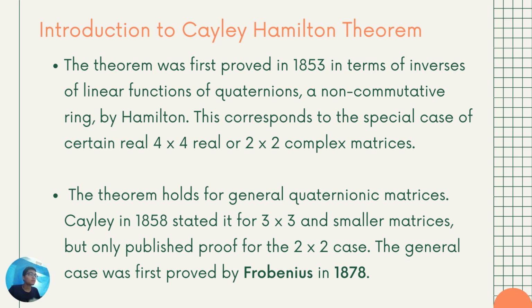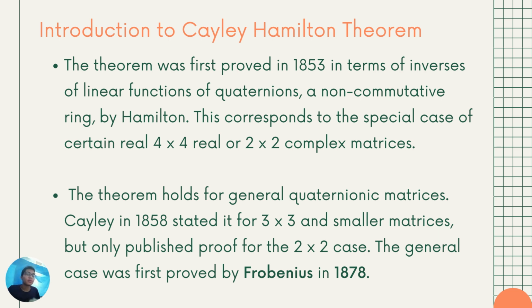The theorem holds for general quaternionic matrices. Cayley in 1858 stated it for 3 by 3 and smaller matrices, but only published the proof for the 2 by 2 case. The general case was first proved by Frobenius in 1878.